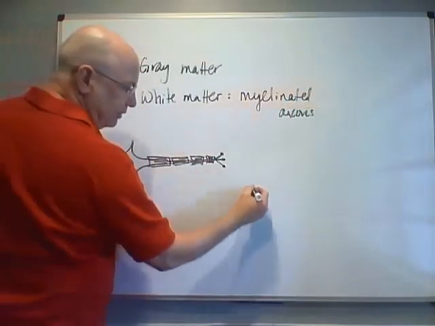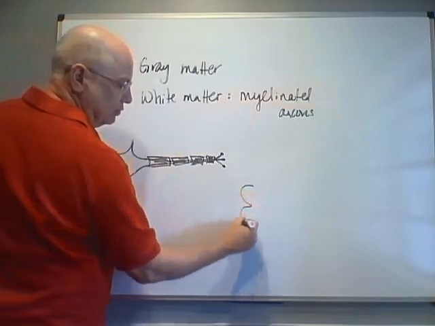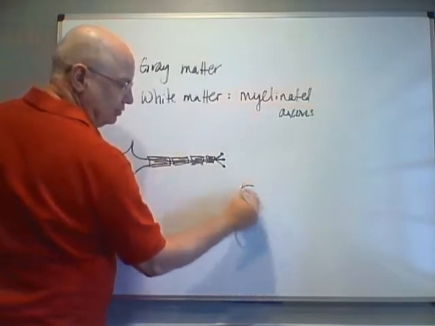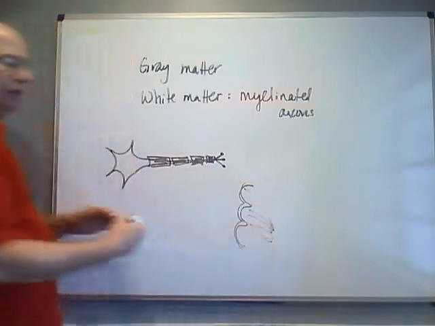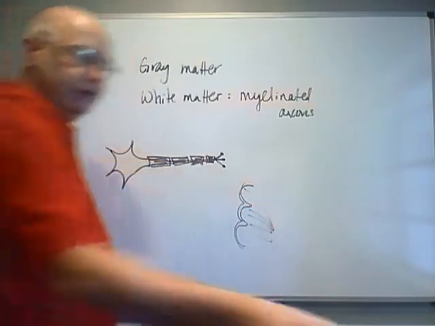When we slice the brain open, you saw that outer layer of the cerebral cortex, and all those white lines running through here, that would be the white matter. Those are the axons running through, connecting parts of the brain.